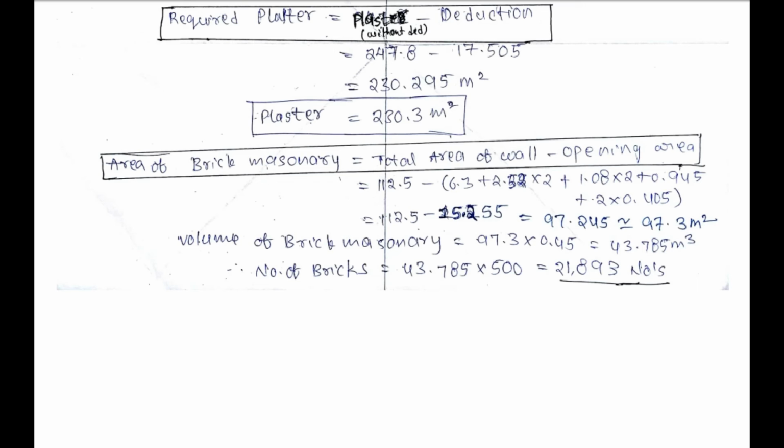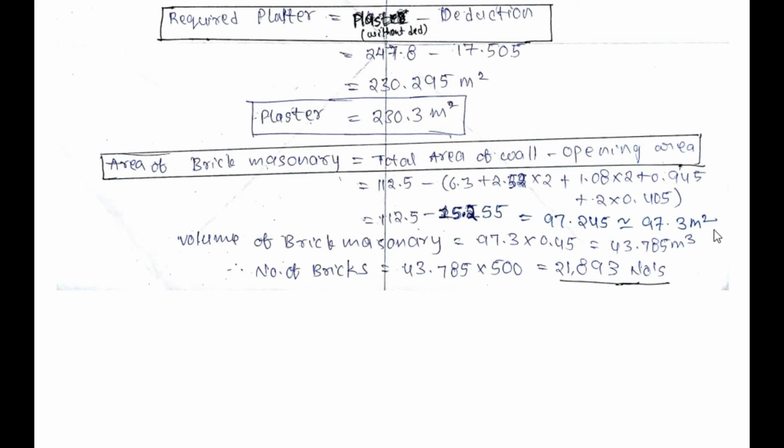But in brickwork we do not have to do that. We have to deduct all the openings from the wall. So I have deducted all the openings here, which equals 15.255. Subtract this value from 112.5 and we get 97.245, which is approximately 97.3 meter square.